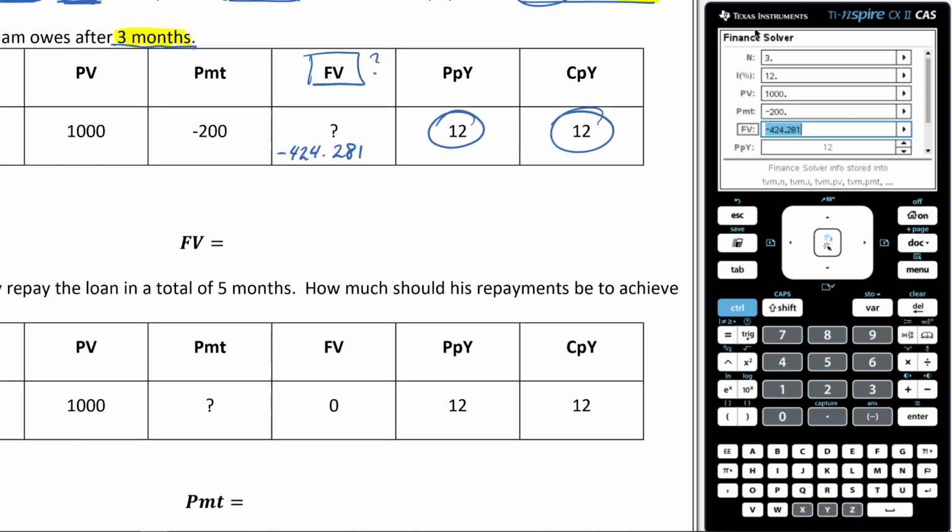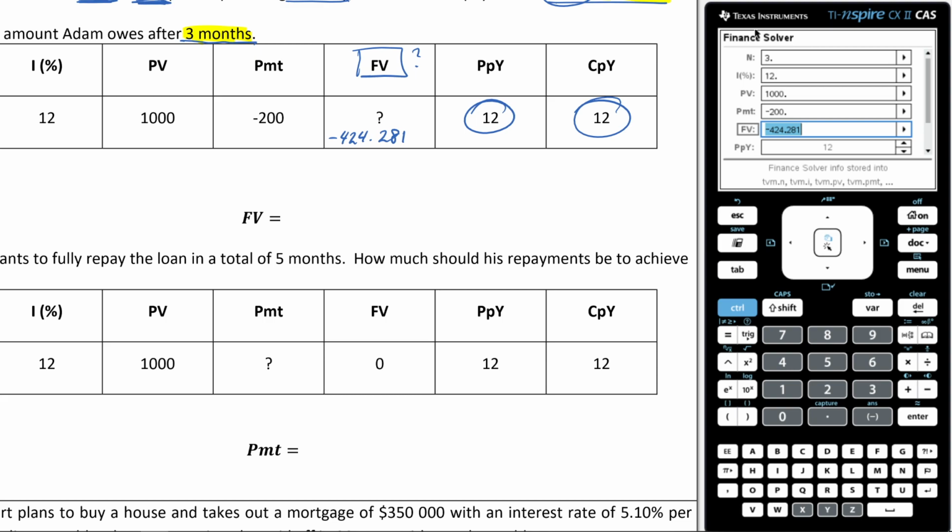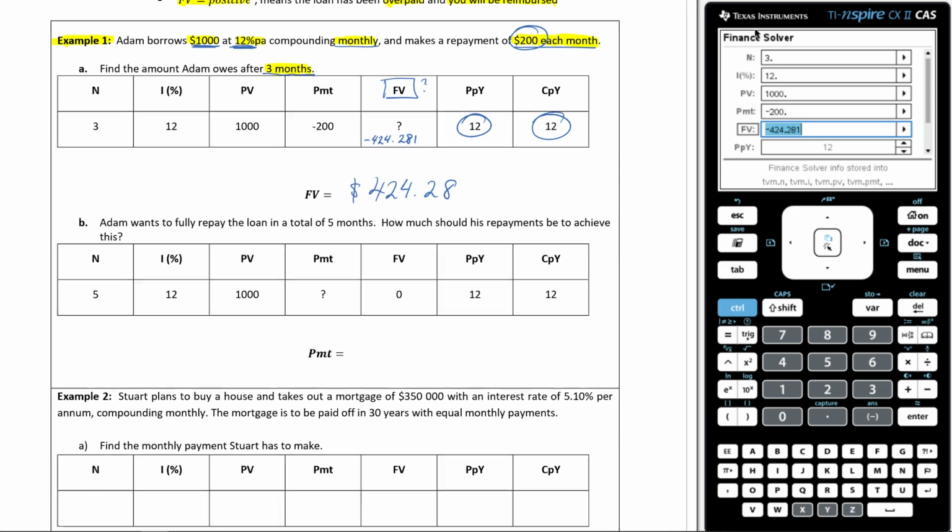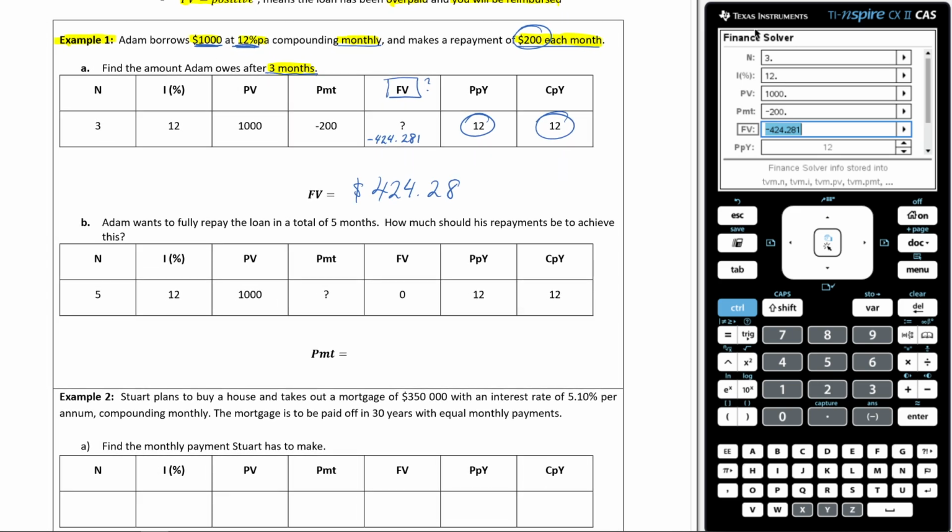The reason why I do it unrounded is just in case I make a mistake when rounding in a SAC or exam, I'm not going to be penalized multiple times. I can just get 1 mark off for a rounding error if I am making consistent rounding mistakes. But the only way you can get that rounding off mark is if you're showing the unrounded first and then you round. So what is the future value? How much is owing after 3 months? It is going to be $424.28. So that is how that first part works there. Whew. All right, hopefully that made sense.